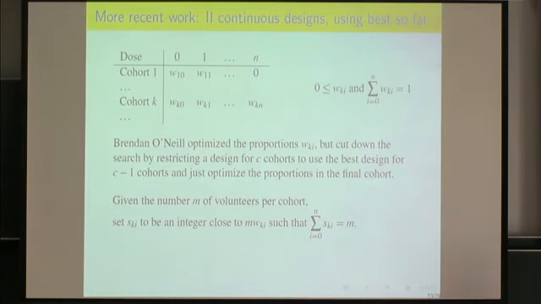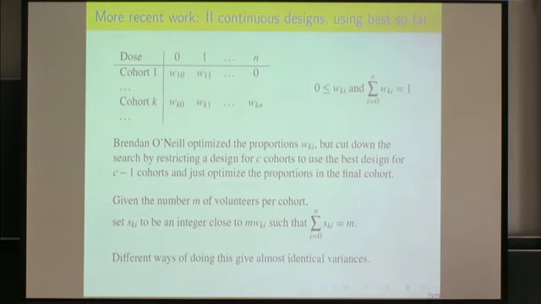And so you get this with these fractions in there, and then once you've got the number of volunteers per cohort, you do m times the proportion. You can't just take them all to be the closest thing, because it might not make the right total, but you do the best you can.